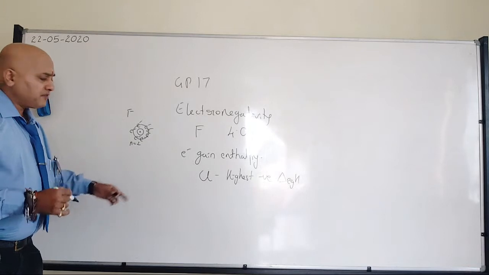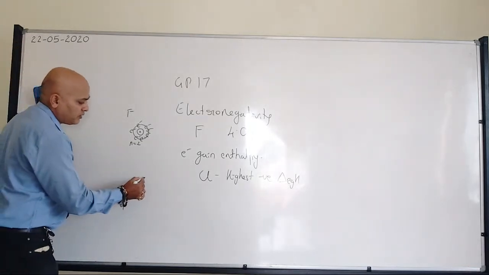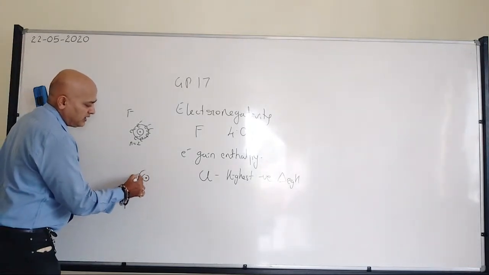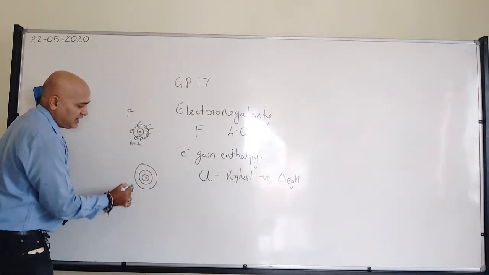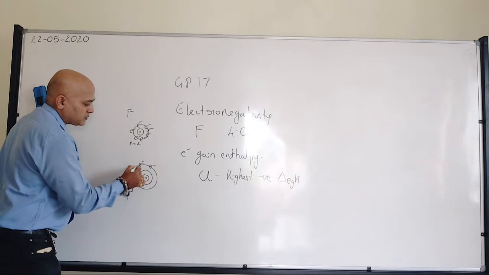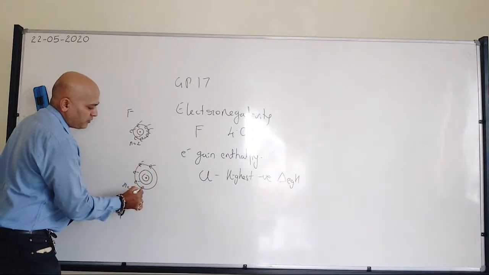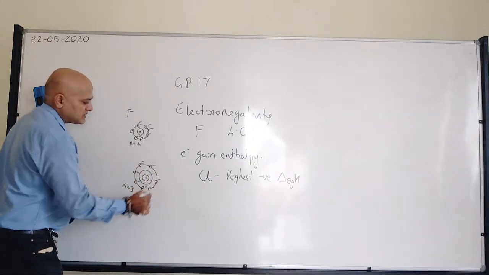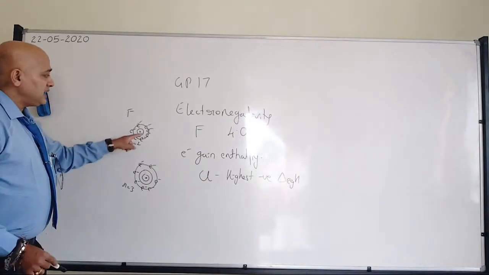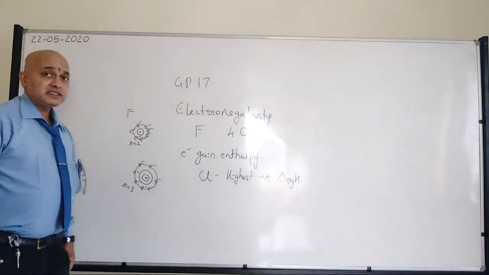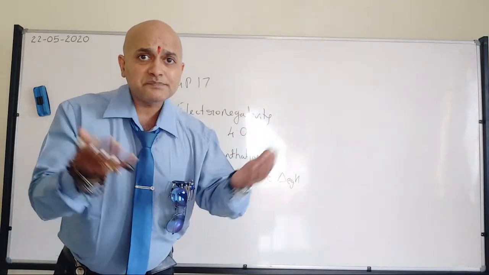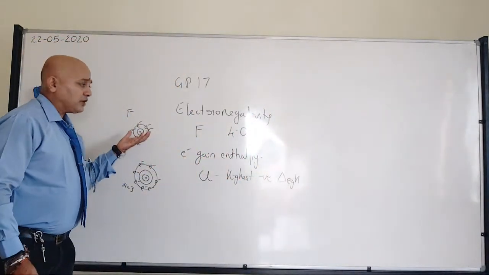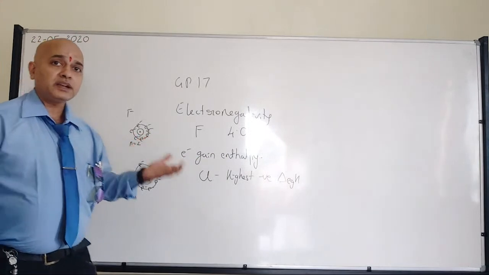Right? Now if I do the same thing for chlorine, where the energy level is 3, the outermost energy level will be 3: 1, 2, 3, 4, 5, 6, 7. So what I mean to tell you is, you can see here there is a huge crowd of electrons. In a small space, there is a large number of electrons already present.